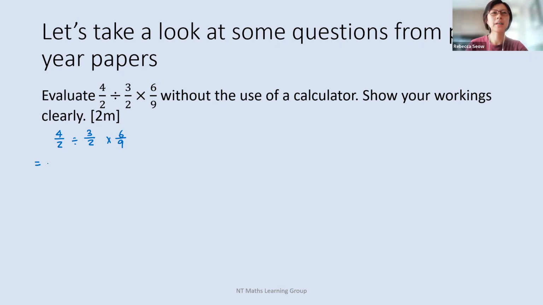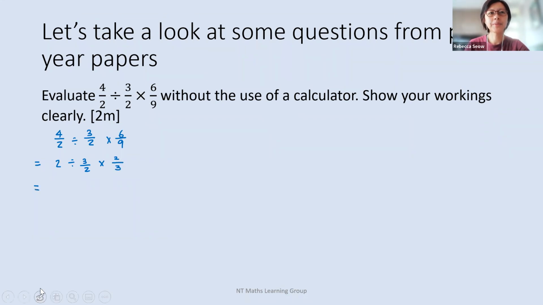Before we go left to right, I was thinking to simplify some of the fractions. 4 out of 2 can be rewritten as 2 wholes. 6 out of 9 can be rewritten as 2 out of 3.